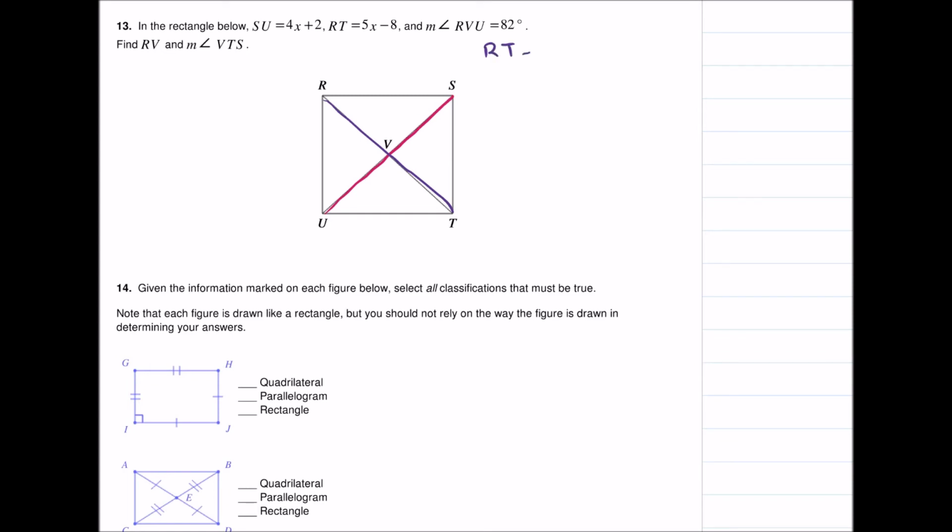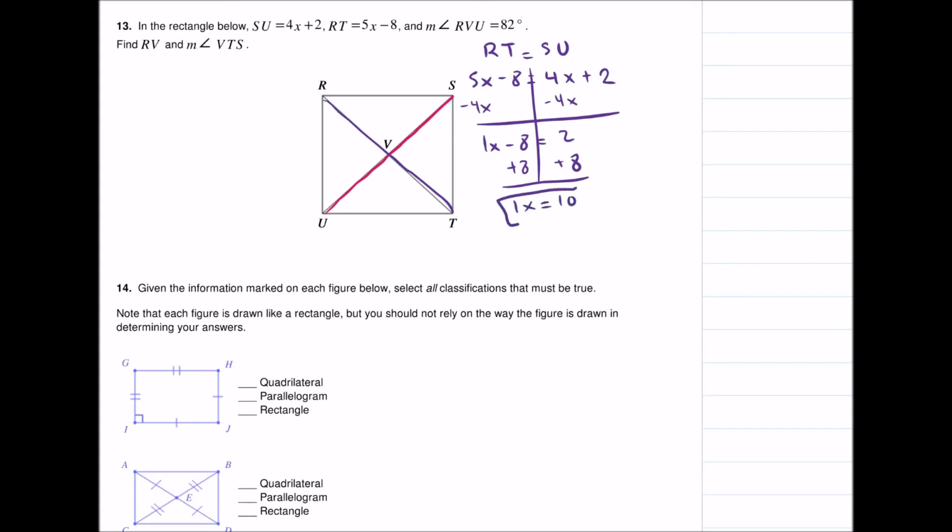So RT equals SU. RT is 5x minus 8 equal to 4x plus 2. We're going to solve for x. So minus 4x on both sides gives us 1x minus 8 equal to 2. And we add 8 on both sides. 1x equals 10, or x equals 10.